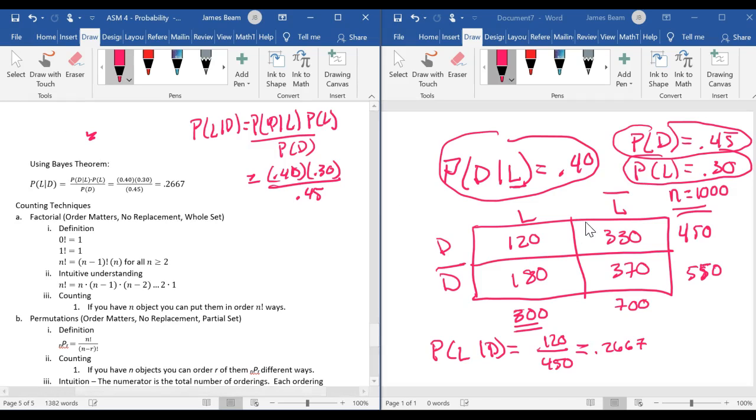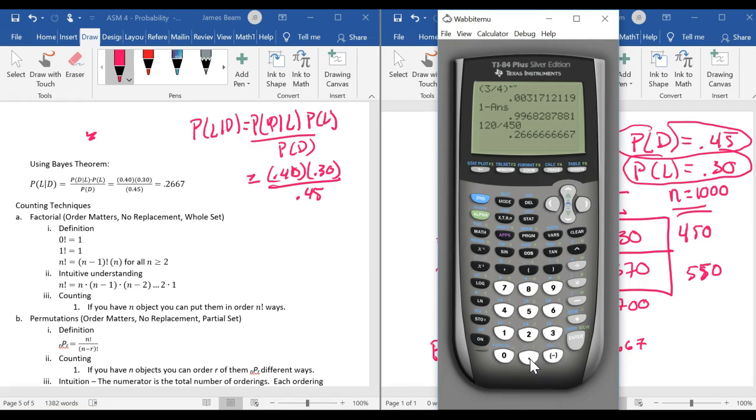So we grab the calculator again, and we take 0.4 times 0.3, we divide that value by 0.45, and lo and behold, we get that same 0.2667. So it all works out.